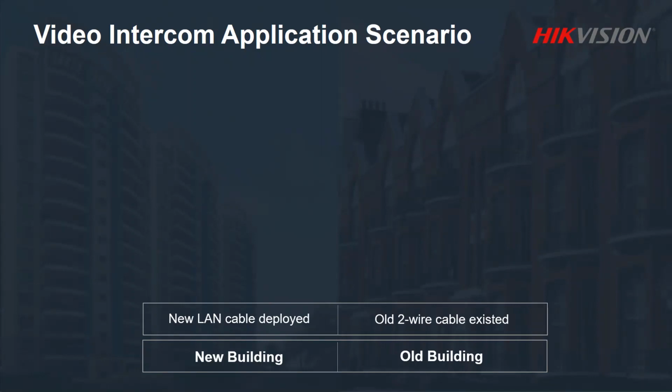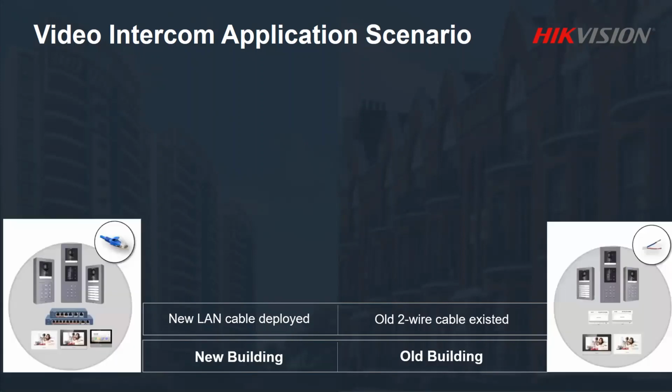But for the old building, they may already have existing two-wire cables in the system. In order to keep the installation cost low, we can keep using those two-wire cables. In this scenario, we recommend our two-wire IP system. And for the new building, we usually recommend our IP system.